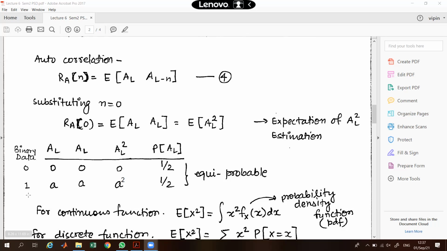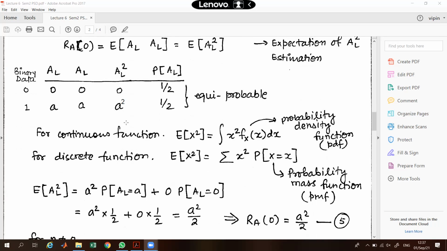If it's 0 and 1 only, then A_L will be 0 if you have a 0, and when A_L equals A, then it will be A. So A_L squared will be 0 if you have an A_L value of 0, and it will be A squared if you have A_L equals A. We know that both of them are equiprobable events, so we can say the probability of A_L is half. Now for a continuous function, we calculate expectation using this formula, integration of x squared f(x) dx, where f(x) is your probability density function.